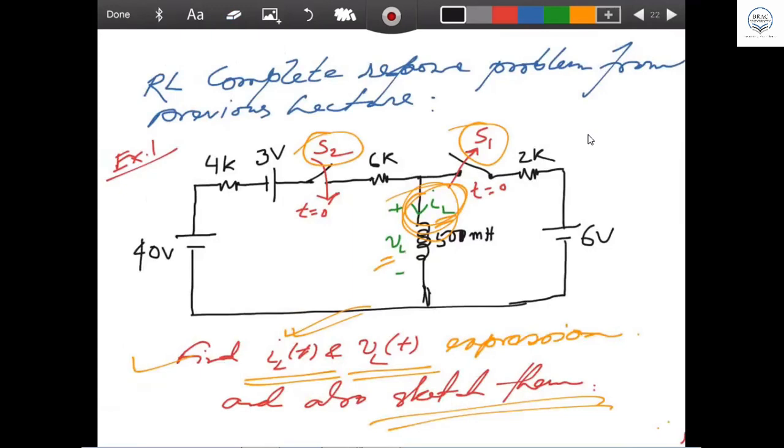If you look there, what was the S2 switch? Sir, open. S2 switch was open for t less than 0. S2 switch is open means I can simply think like this: it is not there. Open. And what is the S1 switch?